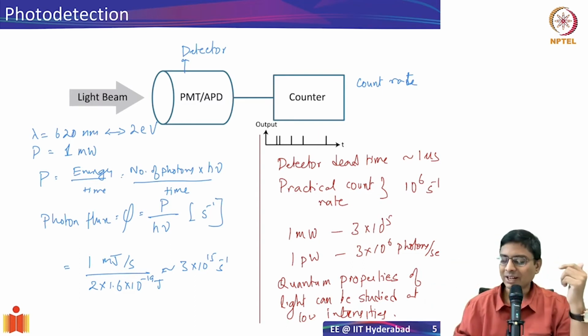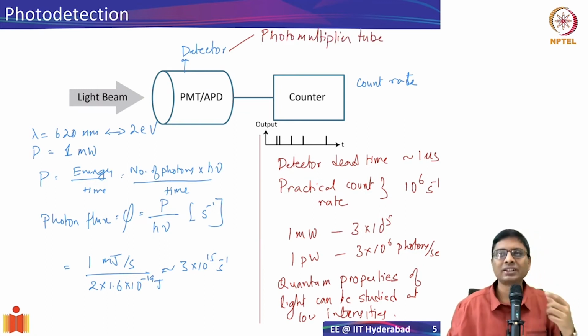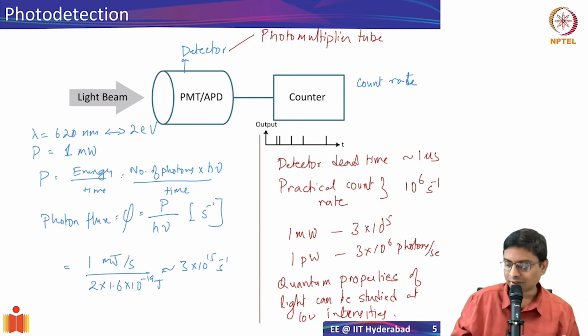So we'll have to have specialized detectors for that. One of the popular variants is what is known as a PMT, which is a photomultiplier tube. This is a detector held at a very large bias, and one photon leads to a cascade, an avalanche ionization process, and then a lot of electrons are generated and it generates an electrical output pulse. That's one class.